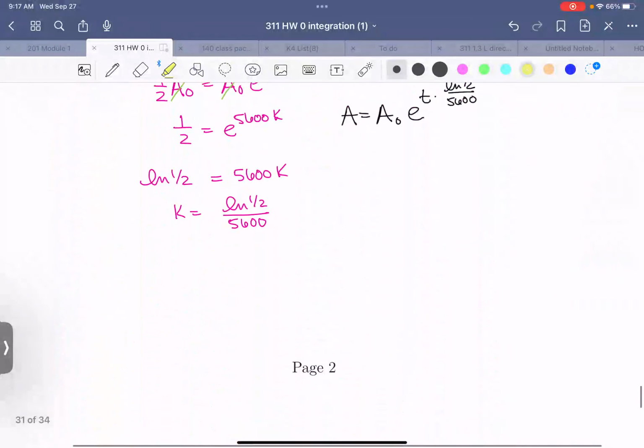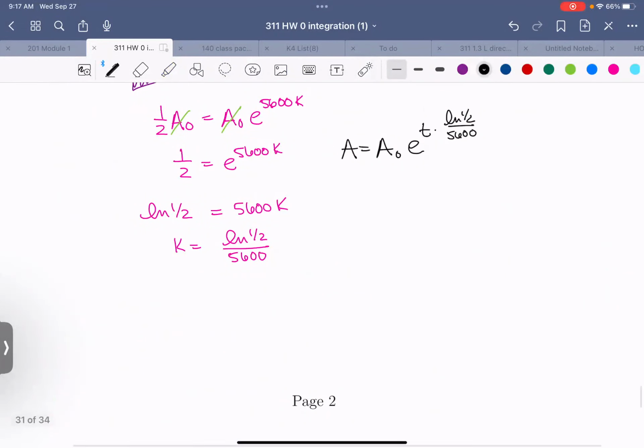Okay, so that means they want me to find what is A when t is equal to 660. So we're going to plug that in. So we get A equals A naught e to the 660 over 5600 times the natural log of 1/2. Yeah, sort out what that is.